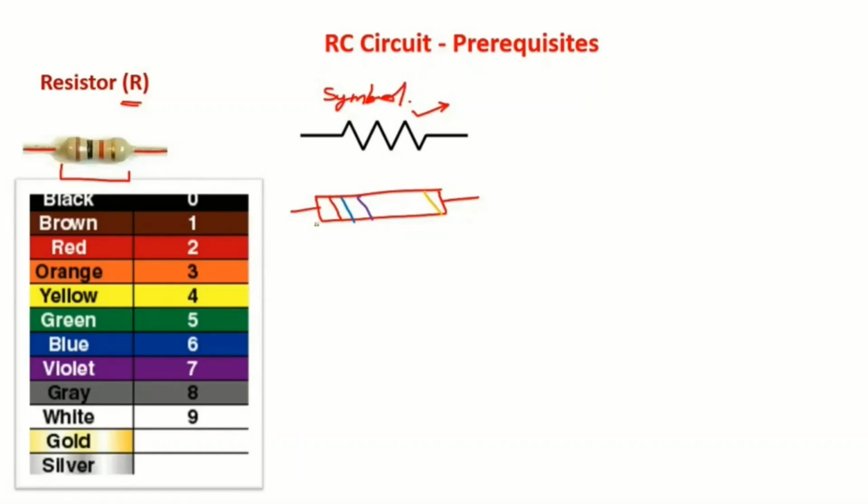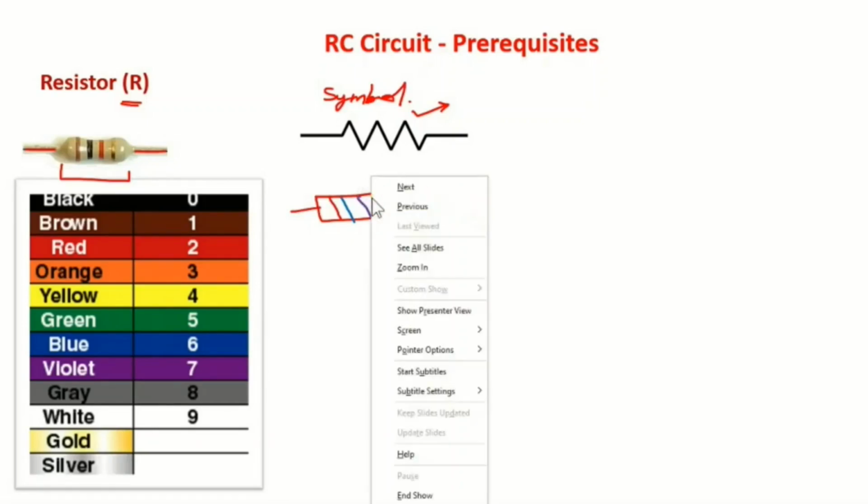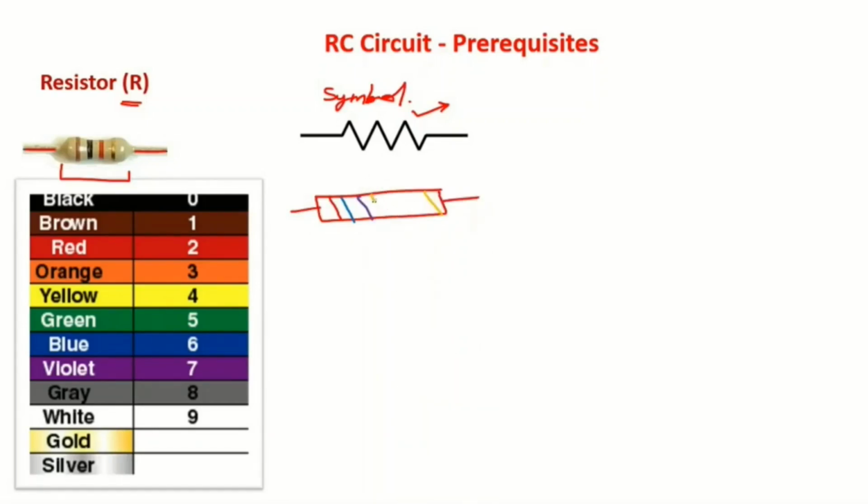This is the general color arrangement on the resistor. But sometimes there may also be a fourth color on the left side. These three or four colors on the left side represent the value of the resistance of a given resistor.